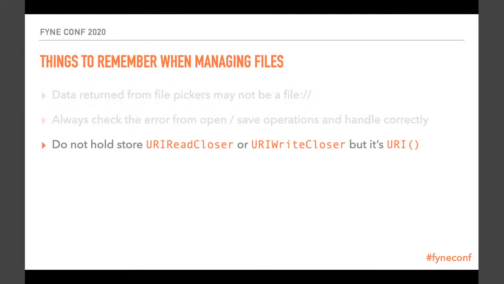And if your application does so for too long, particularly if it heads into the background, the system might decide that you're not allowed access anymore, and you could get an error midstream, which is not something that we want. So remember, if you want to store it, use the URI inside that instead. You can access it using that URI function, and you can then persist it as its string identifier for use later.